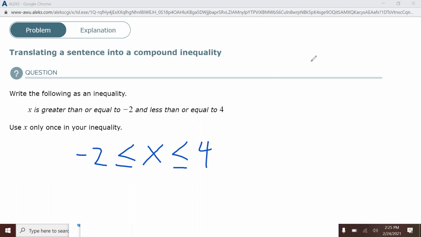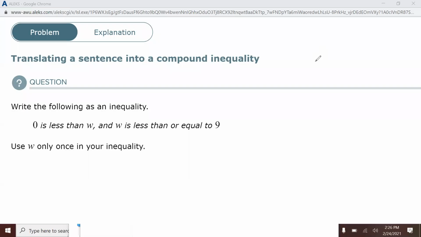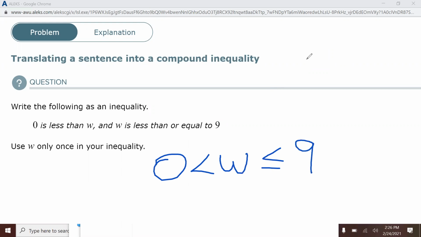And that's it. Let's do another. 0 is less than w, and at the same time, w is less than or equal to 9. That's it.